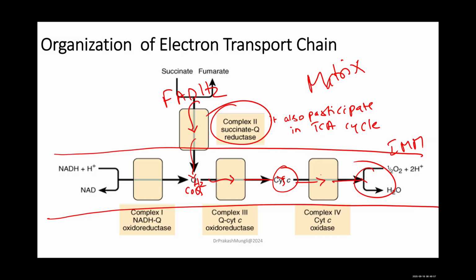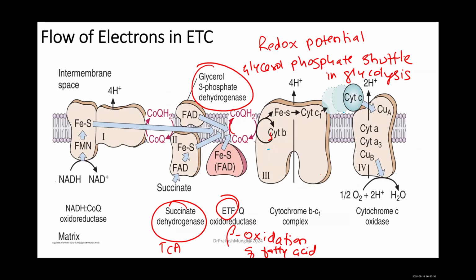It never goes to complex 1. It just starts with complex 2. With this figure, you can understand. Imagine instead of succinate dehydrogenase as complex 2, you put glycerol 3-phosphate dehydrogenase. The flow is the same. Or you put ETF in place of succinate dehydrogenase. It is also the same. They just wanted to show everything in one place in the next figure. That's why the figure is a bit complicated. You got the idea?